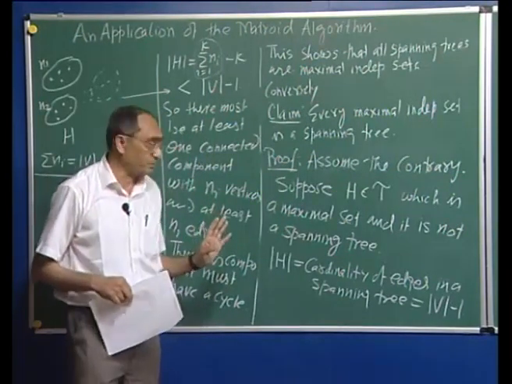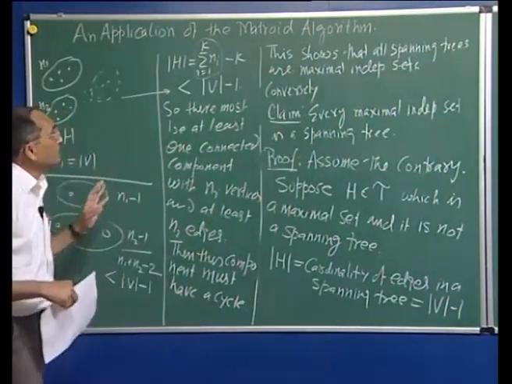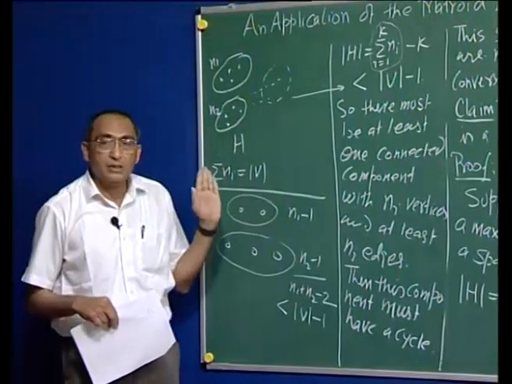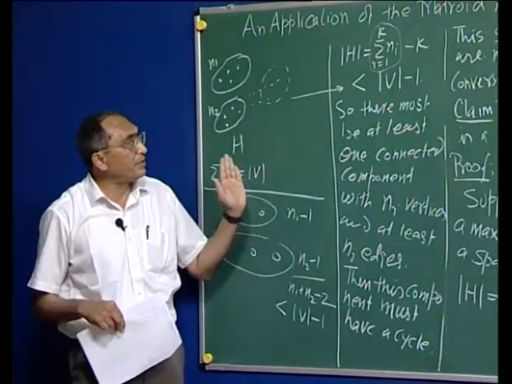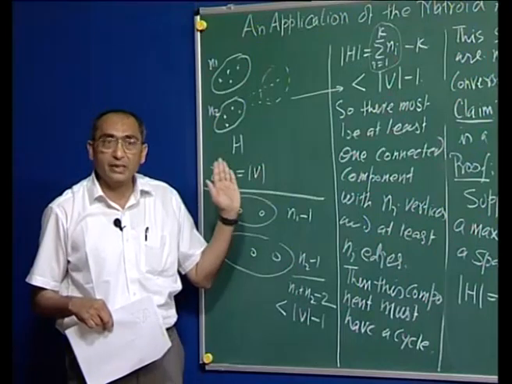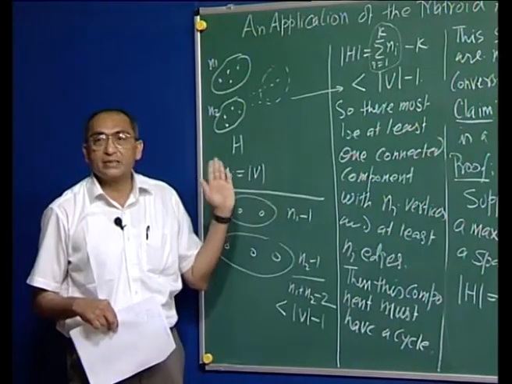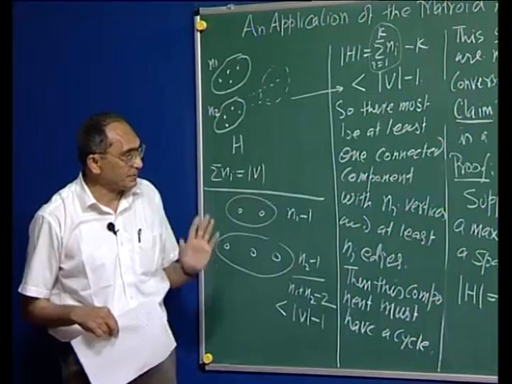There is no other way out of it. So we have now concluded that every maximal member of script T is a spanning tree, and only spanning trees are the maximal independent sets.